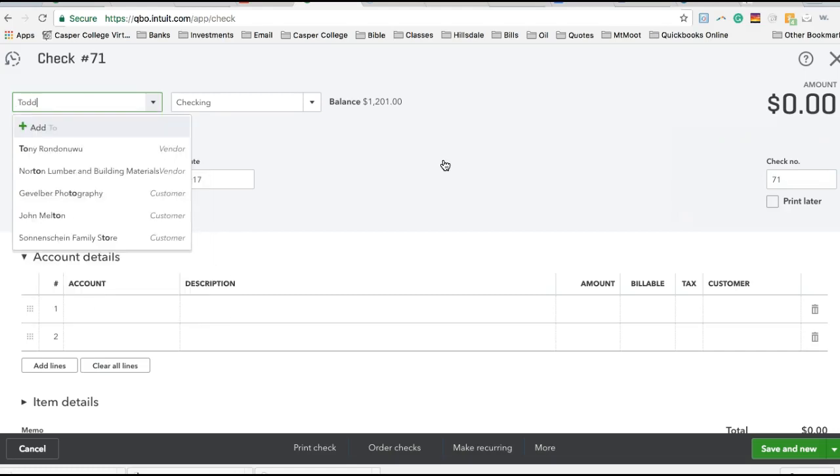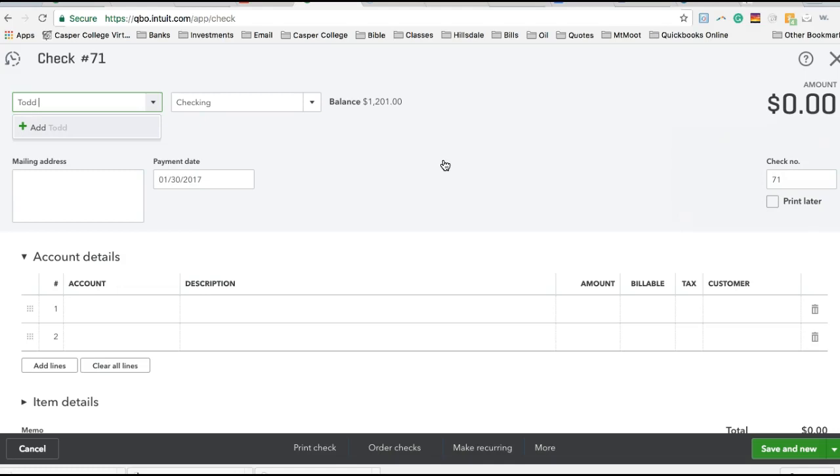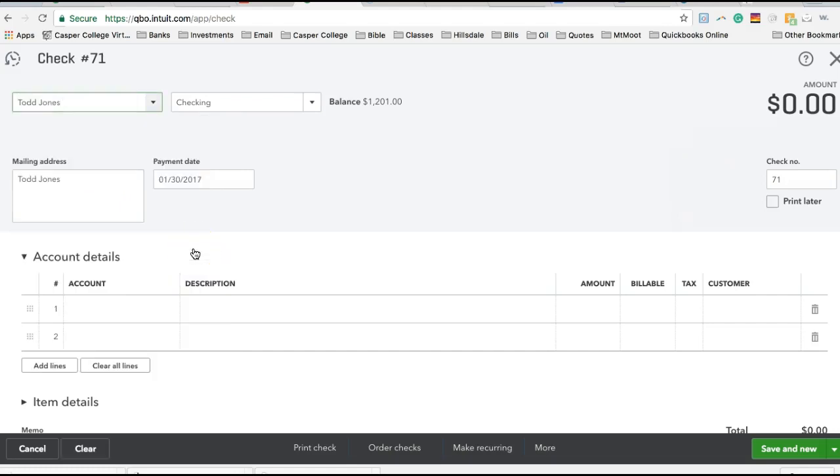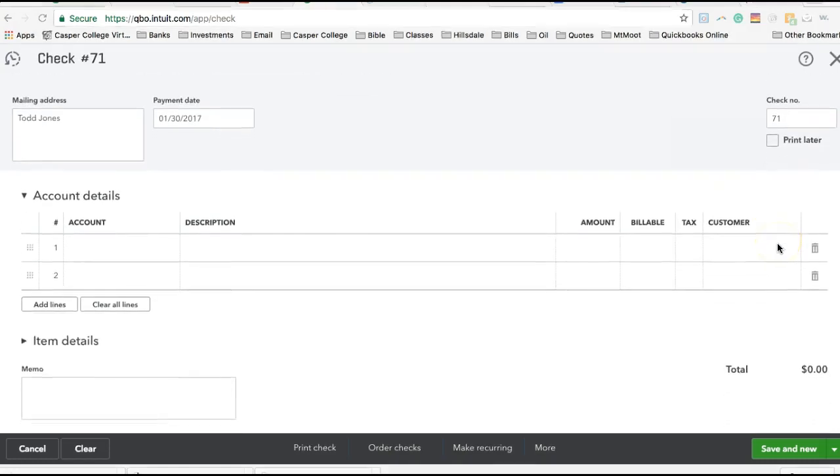Of course, we're going to have to add Todd into this. We're going to say that's a vendor. We could add an address and all that, but it's going to come out of checking right there. The amount is going to be, let's see, print check later.